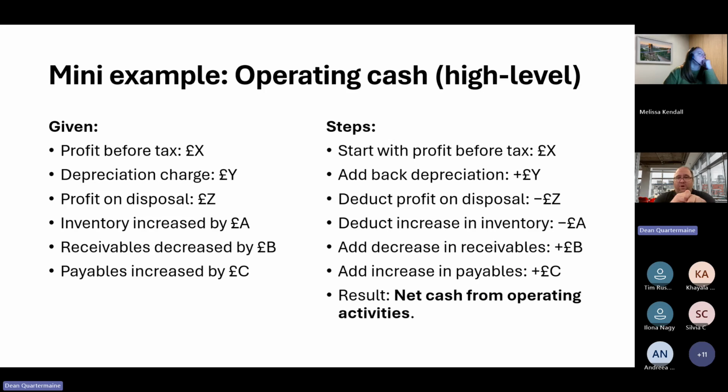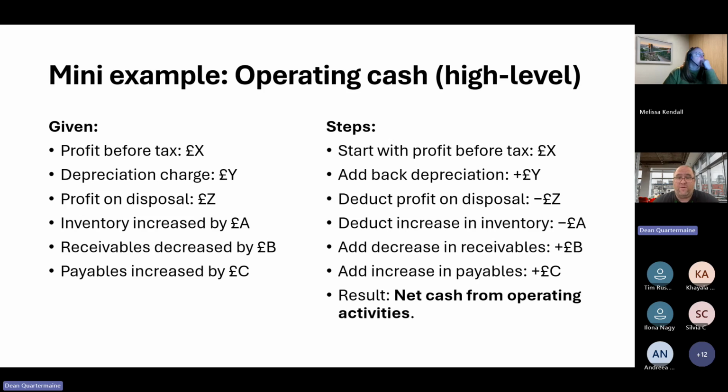So a bit of an example. Now, I've almost on purpose taken the numbers out because I don't want people to focus necessarily at this point on the numbers, just on the process. So really high level, looking at operating cash. Now, and it's quite key, you don't need to memorize lots of examples.